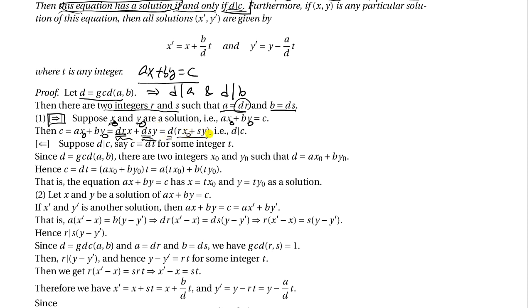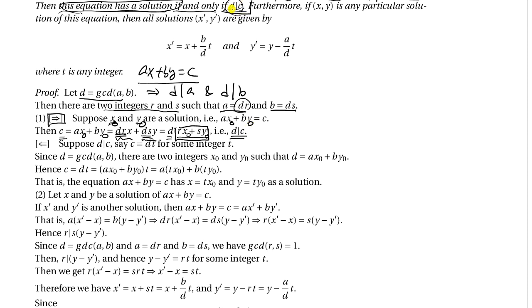The remaining part, r x0 plus s y0, is a combination of integers, since x0, y0, r and s are integers. So it looks like d times one integer equals c. Then by the definition, d is a divisor of c, or a factor of it. So that's the proof for that direction.